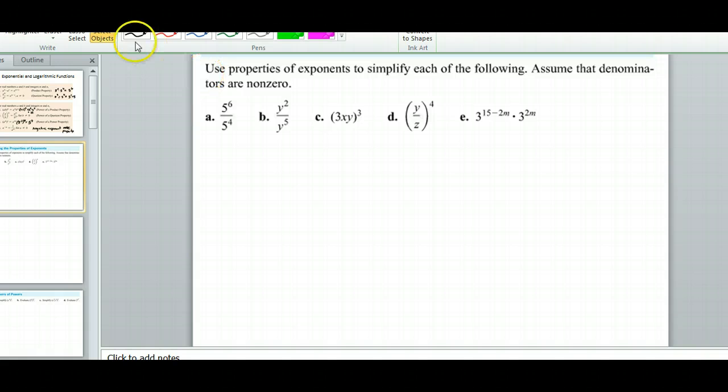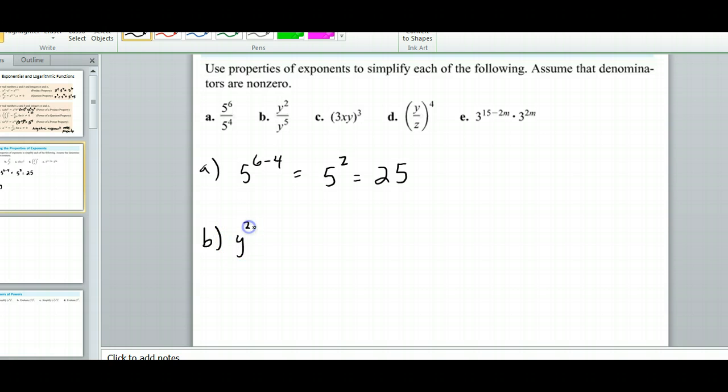Alright, so use those properties of exponents to simplify these things. For part A, 5 to the 6 over 5 to the 4th, that's division with the same base. So we've got 5 to the 6 minus 4, which equals 5 squared, which equals 25. Part B, we've got y squared over y to the 5th.